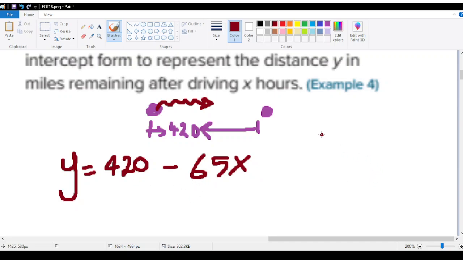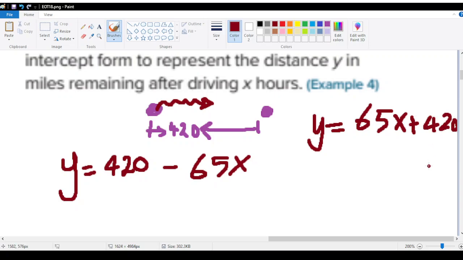We could write 65x plus 420, but that means we are increasing the distance between the two cities, and this is not correct. We have the total distance and we are taking out of it 65x. So each hour we cover 65 kilometers.